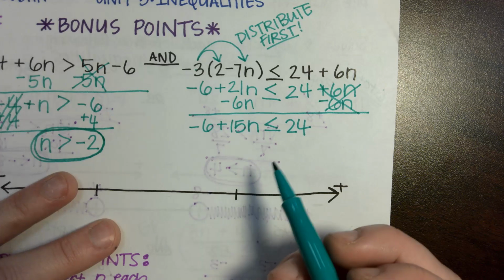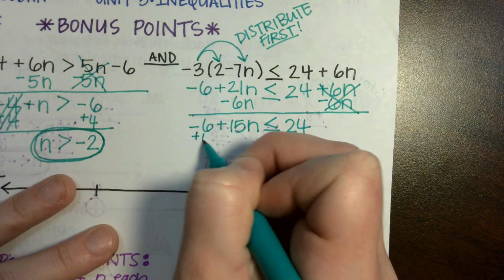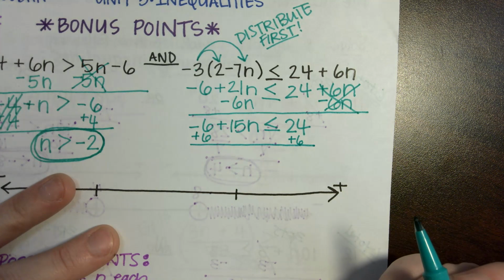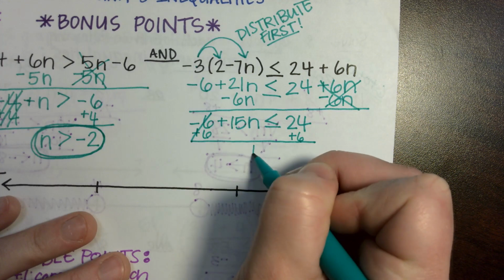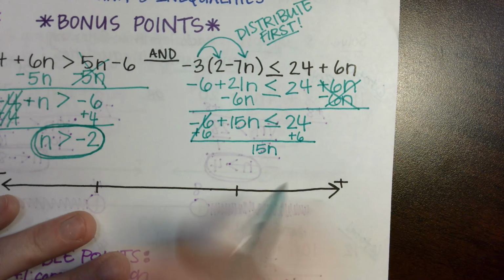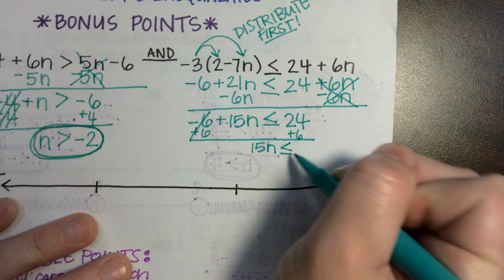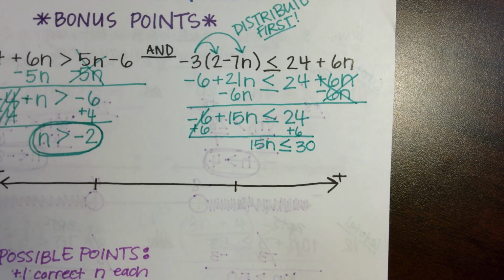What do I do next? Plus 6 on both sides. My 6's cancel. Now I have 15 times n, I'm writing it over a little so I have room, is less than or equal to 24 plus 6, that's 30.